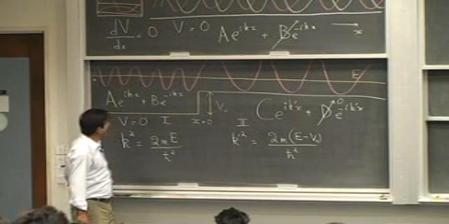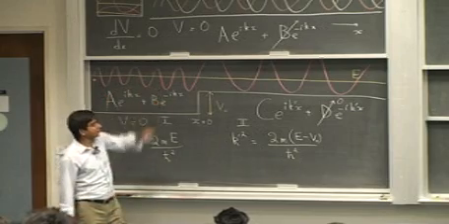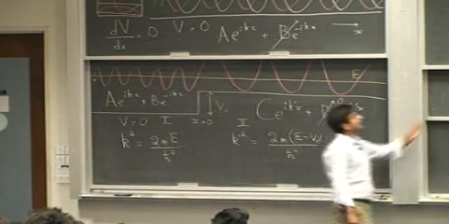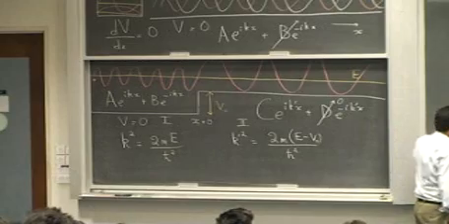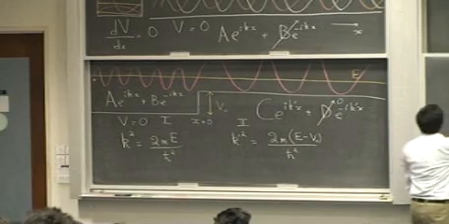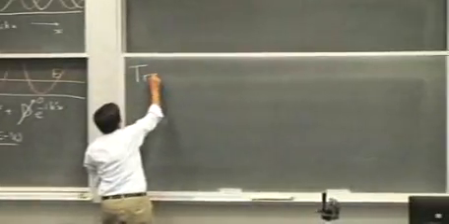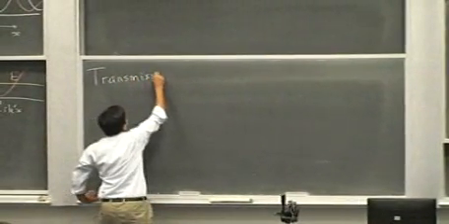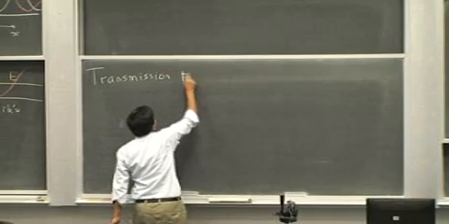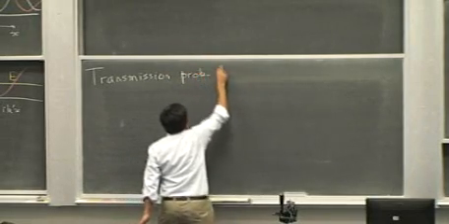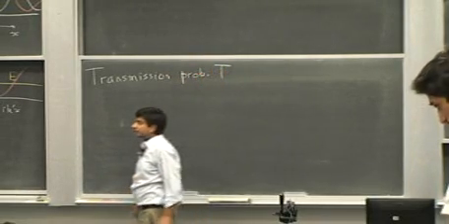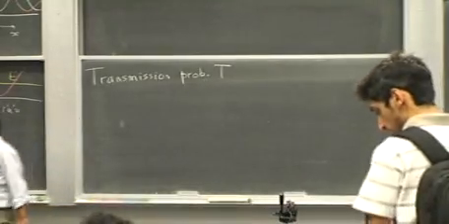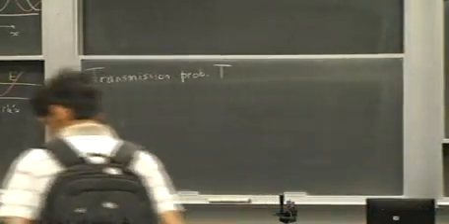Now if you look at this scenario, I can define a transmission probability and denote it by capital T. What the transmission probability means is the following.